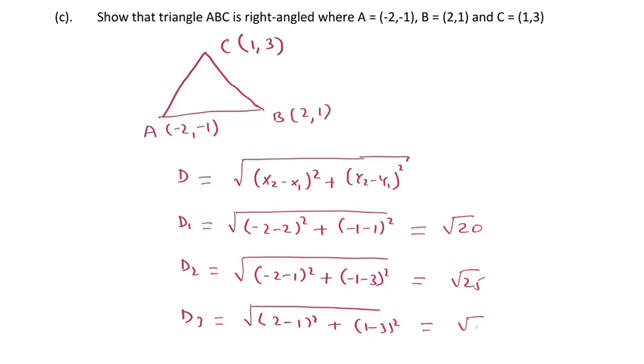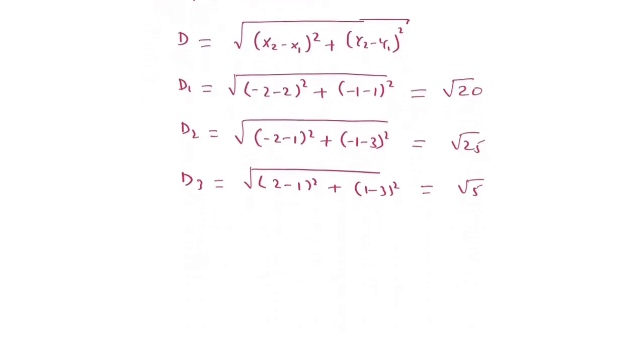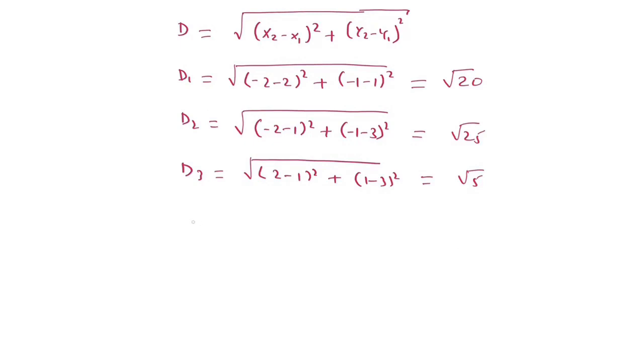square root of 5. Okay, so now let us recall the Pythagoras theorem, which says c squared equals a squared plus b squared. So we are going to substitute d1 as a, d2 as c, and d3 as b.